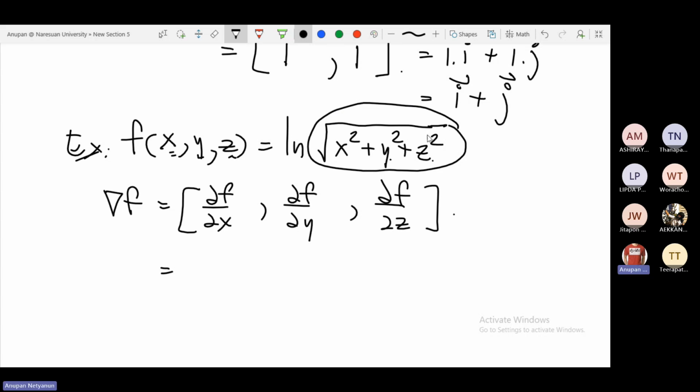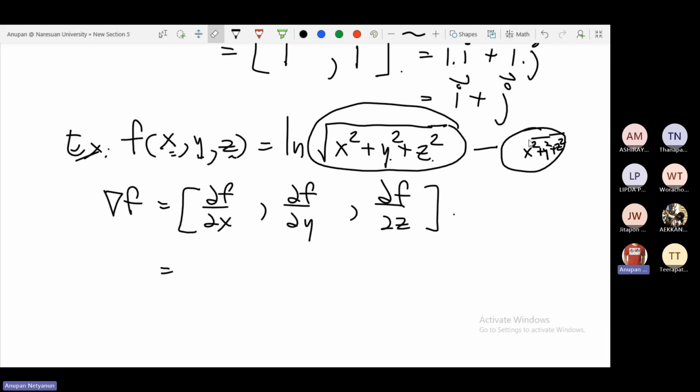So this whole thing is a ln of this circle. That means this whole function depends on the circle first, right? x squared plus y squared plus z squared. But, okay, square root, let me change it into a power form.